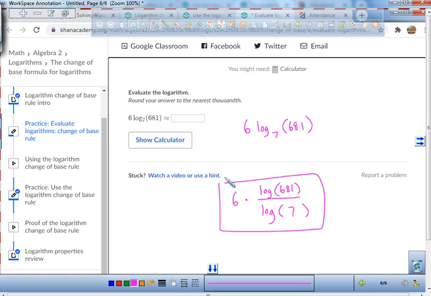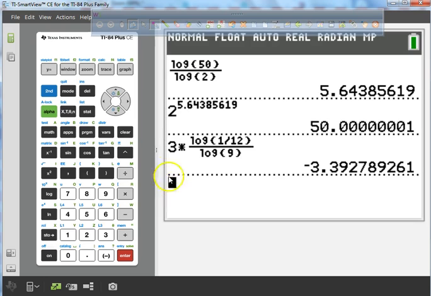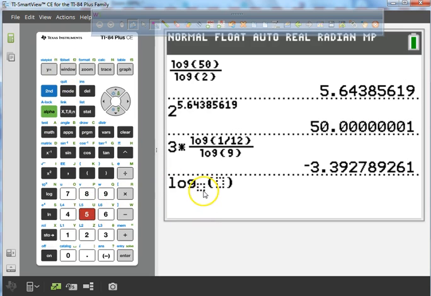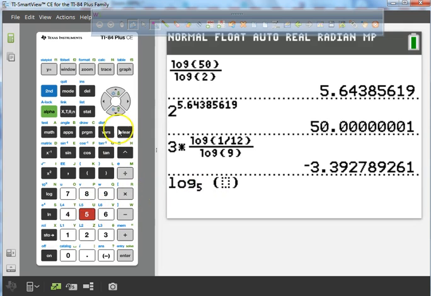I want you to practice doing it this way because while you don't necessarily need to do it this way, most calculators have the feature of alpha window number 5, which allows you to just type in whatever base that you want and whatever number that you want, okay? So you don't have to use it in this TI-84 Plus CE, but the calculator that I had back in the day, you couldn't change the base.